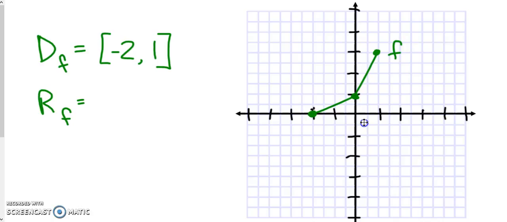So what's the range of F? Zero to 3. The lowest it goes is 0, the highest it goes is 3, and it includes everything in between.